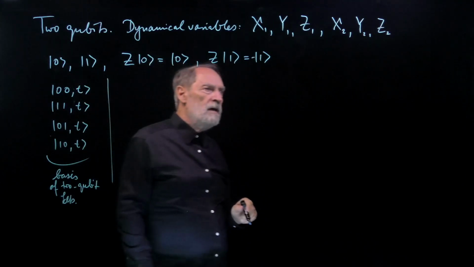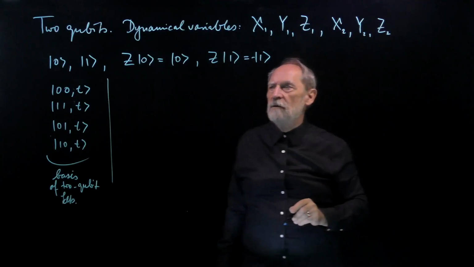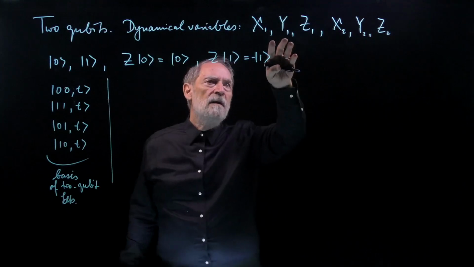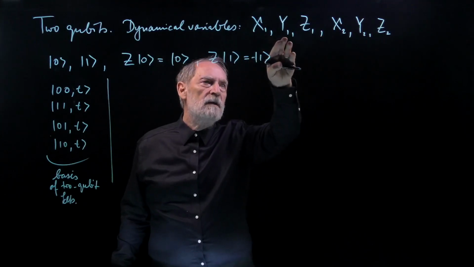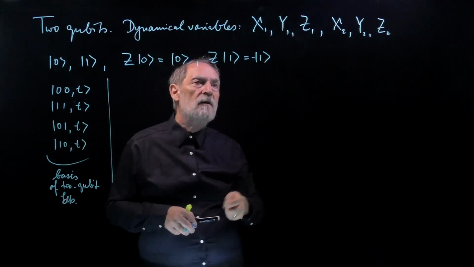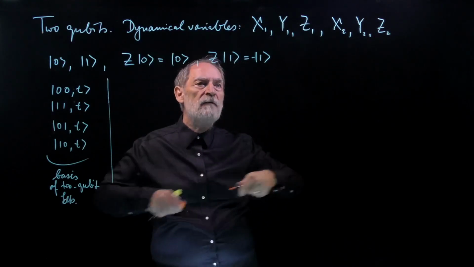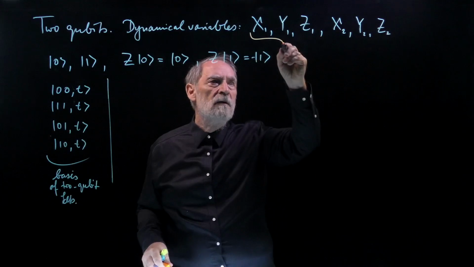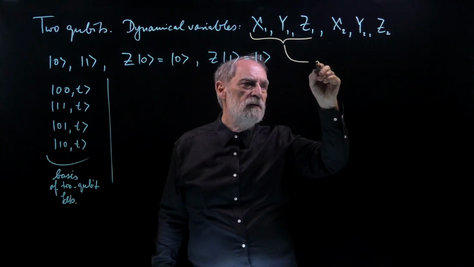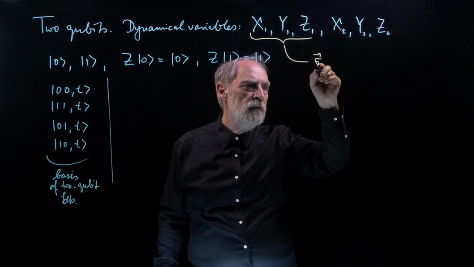Now what kind of Hamilton operator could we consider? Well, think of x1 and y1 and z1 as components of a Pauli vector operator for the first qubit. So this would be a sigma vector operator, but for the first qubit.